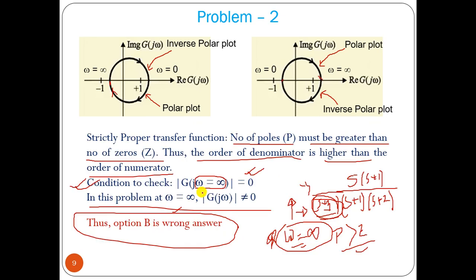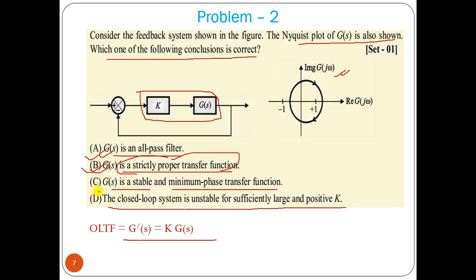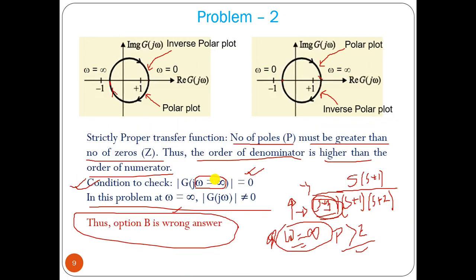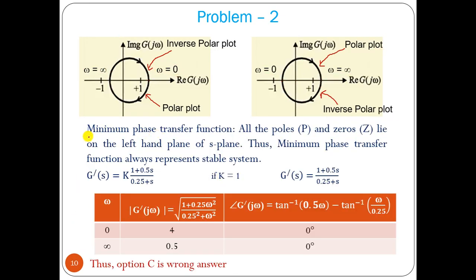Now for the third case, what will happen? The third option is that G(s) is a stable and minimum phase transfer function. Let us discuss the minimum phase transfer function. When all the poles and zeros lie on the left half of the s plane, that is called a minimum phase transfer function.